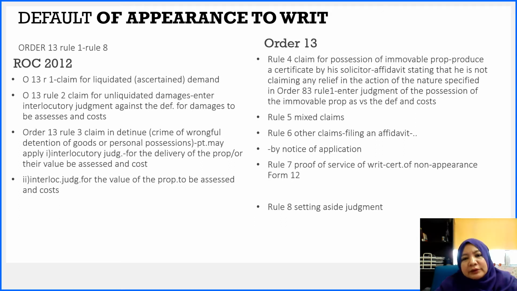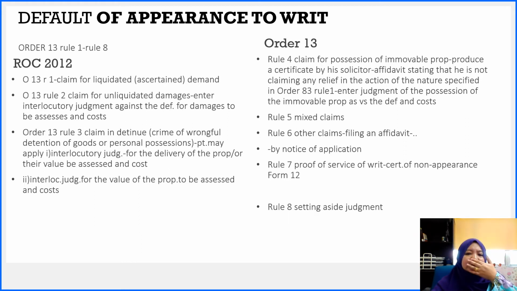If it involves a mix of claims like liquidated demand and unliquidated demand, because of one cause of action you can have all sorts of issues there. So that is for mixed claim.